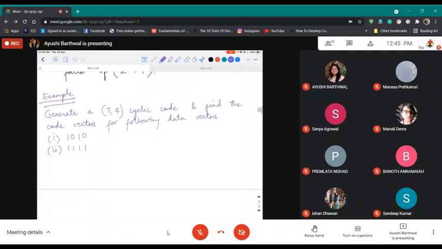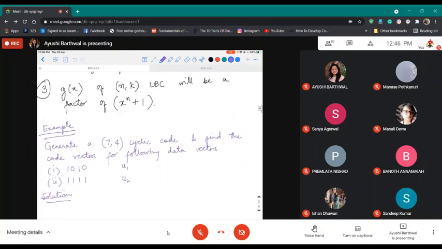So how do we solve such problems? First, we know the message vectors, that means we know u1 and u2. To determine the code vector we need g(x), right? And the property that we studied is that g(x) is a factor of x raised to the power n plus 1.